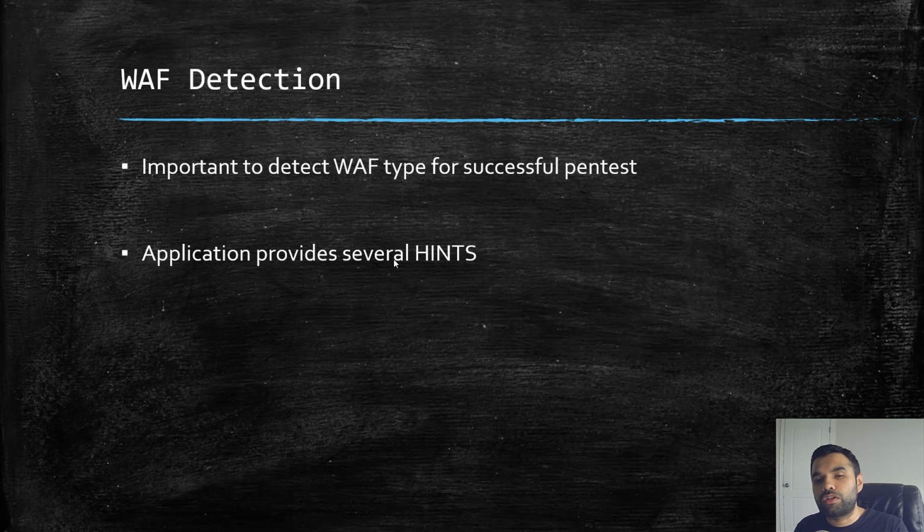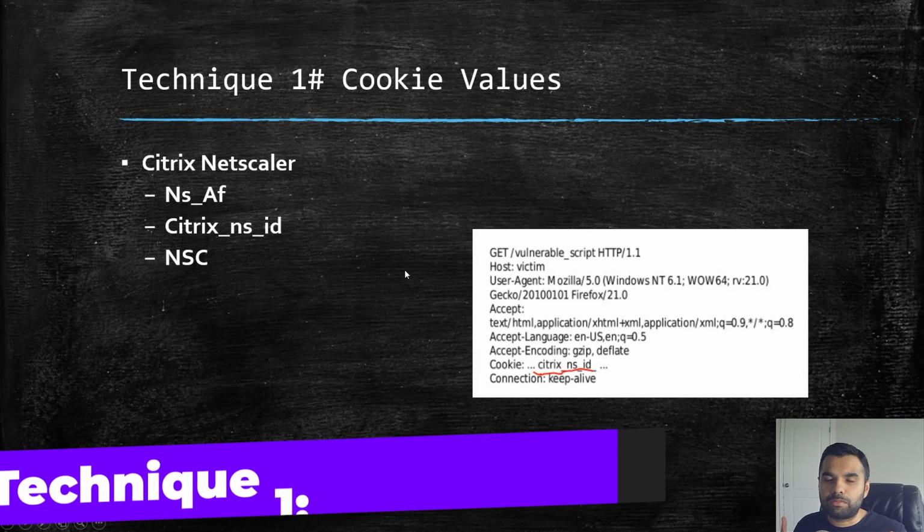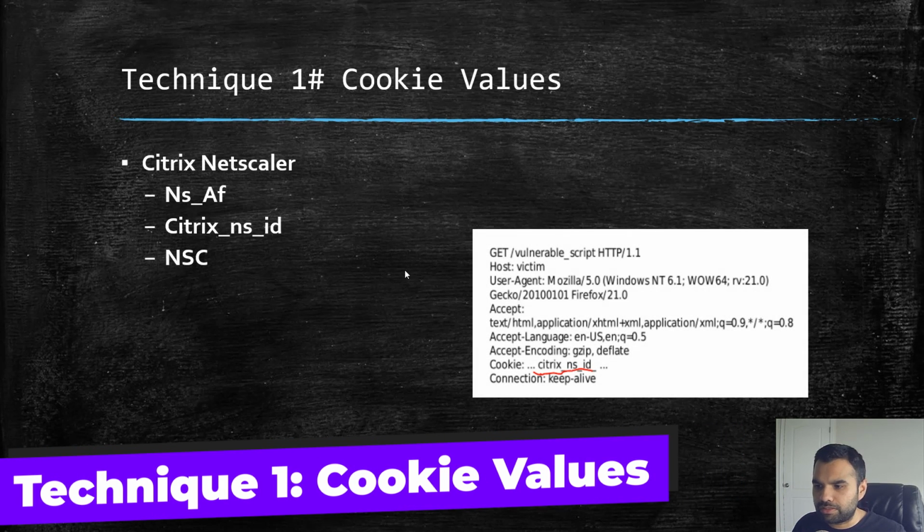But once it is in production, it probably works in reactive mode, or sometimes both. Depending on which rules are configured on the remote application, the WAF could be in either passive or reactive mode.